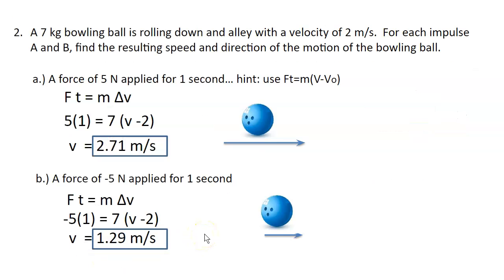A bowling ball is rolling down an alley with a velocity of 2 meters per second. Here it is, going forwards or to the right. For each impulse, A and B, find the resulting speed and direction of the motion of the ball. So in this case, let's pay careful attention to what information they've given us. They've given us mass, and they've given us velocity.